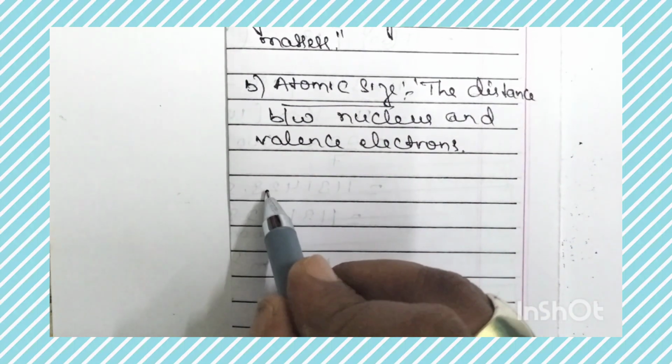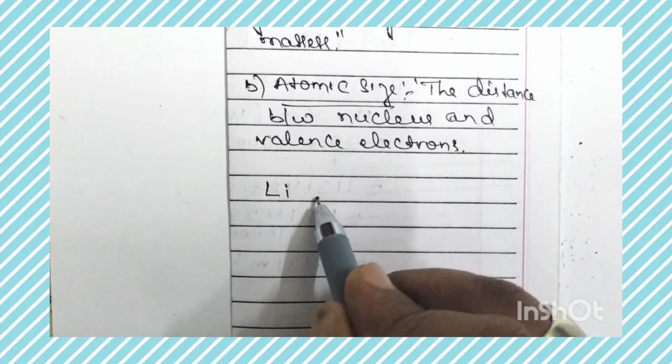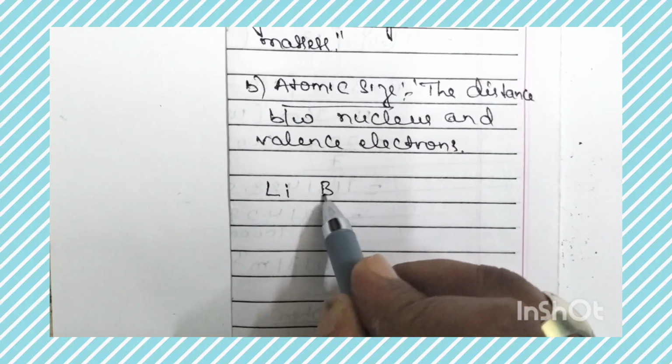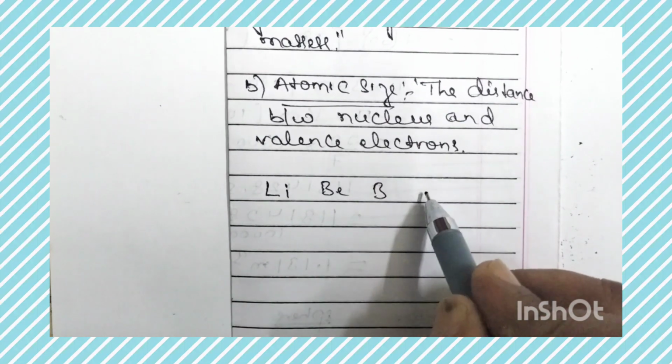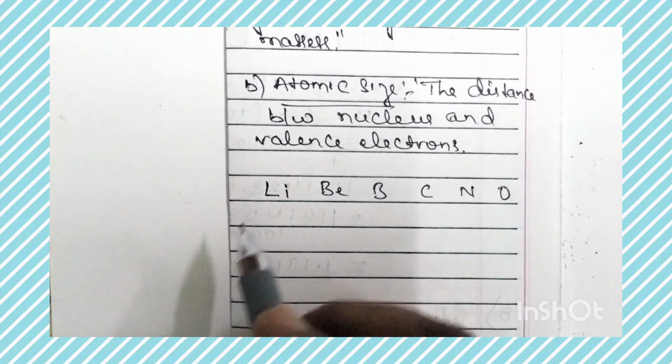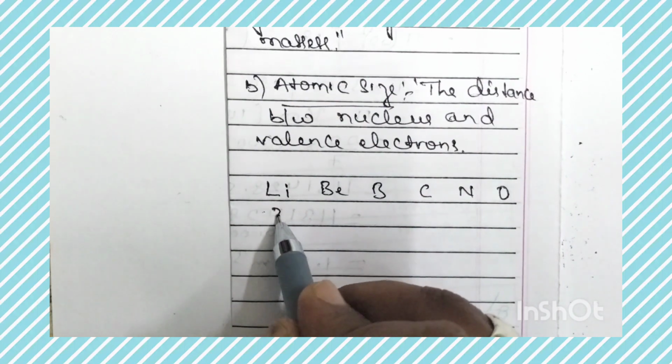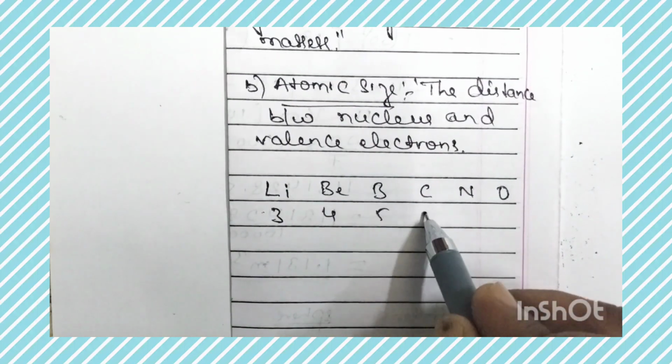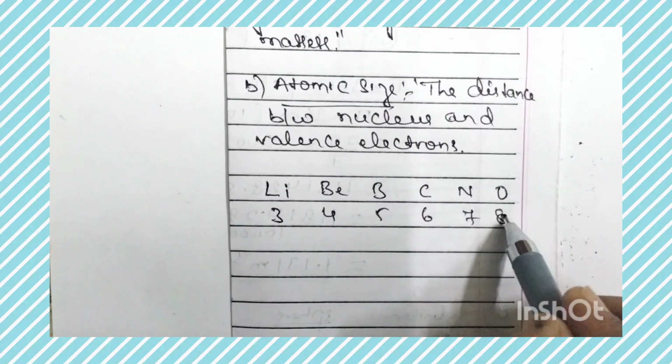ನೋಡಿ ಅಕ್ರಾಸ್ ದ ಪೀರಿಯಡ್ಗೆ ನಾನು ಎಕ್ಸಾಂಪಲ್ ತಗೊತೀನಿ. ಸೊ ಲಿಥಿಯಂ, ಬೆರಿಲಿಯಂ, ಬೋರಾನ್, ಕಾರ್ಬನ್, ನೈಟ್ರೋಜನ್, ಆಕ್ಸಿಜನ್. ಸೊ ನೋಡಿ ಇದು ಅಟಾಮಿಕ್ ನಂಬರ್ 3, 4, 5, 6, 7, 8.